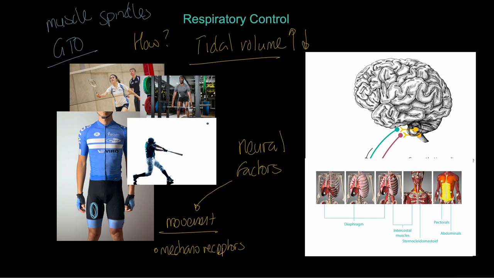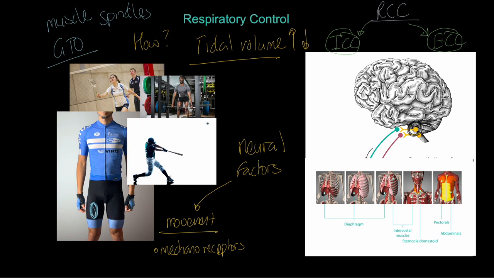Now, this is where I want to introduce you to something called the Respiratory Control Center, the RCC. But I also want to introduce you to its two sub-departments, if I can use that phrase. We have the ICC, the Inspiratory Control Center, and we also have the ECC, the Expiratory Control Center: the breathing in control center and the breathing out control center.